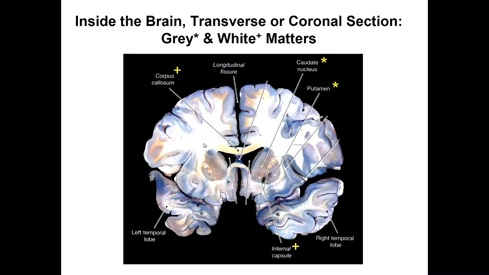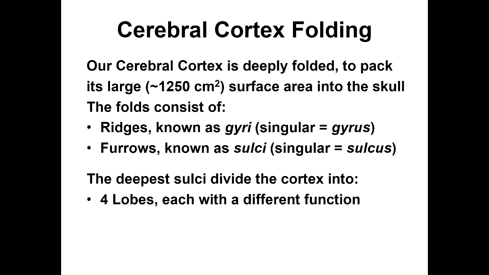This thing running across from left to right is just a small part of the corpus callosum, the interhemispheric pathway that takes information from left to right cortex and from right to left. And down here is a little hint of part of the internal capsule, the white matter pathway taking information from thalamus to cerebral cortex.